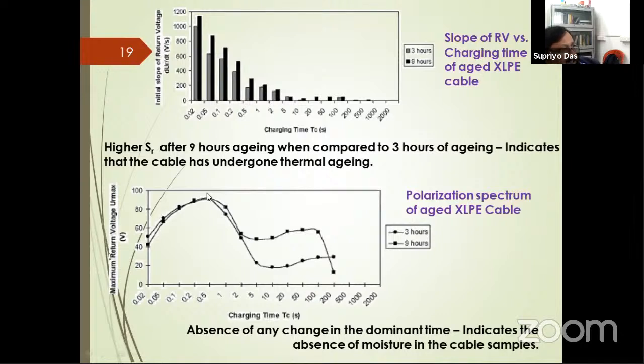If there is any change in this dominant time constant, then there is some form of aging. For the paper 2, particularly for this characteristic, since there is no change in this dominant time, that is the time to first peak, they have concluded that there is no moisture content within that cable. So it's just an example to show how this can be used for assessment.